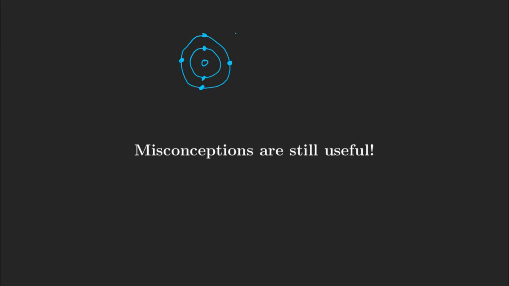We probably have some ideas about what it means to think about continuity of a function. Those ideas are likely not correct, but they're not correct in the same way that this model of an atom isn't correct. Of course, this is not the way that things work, but this is here to help provide us some intuition and insight without needing to study this big, huge topic of quantum mechanics.